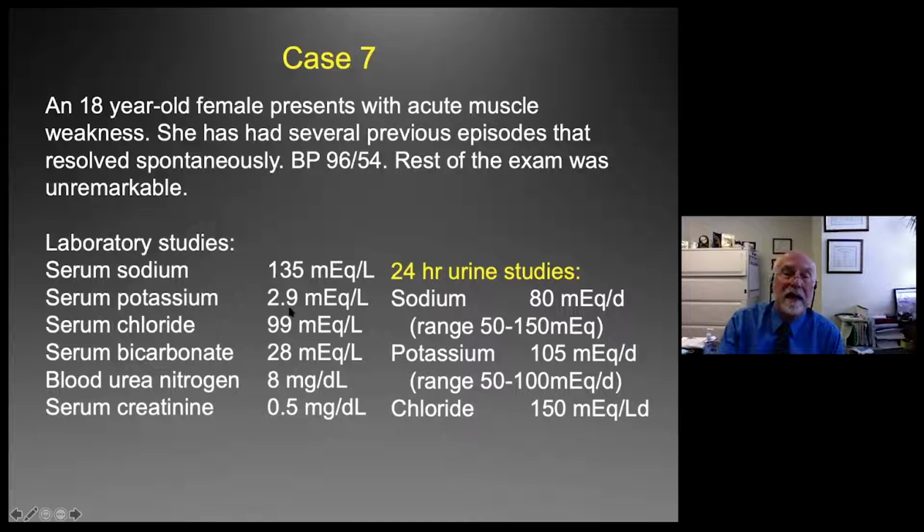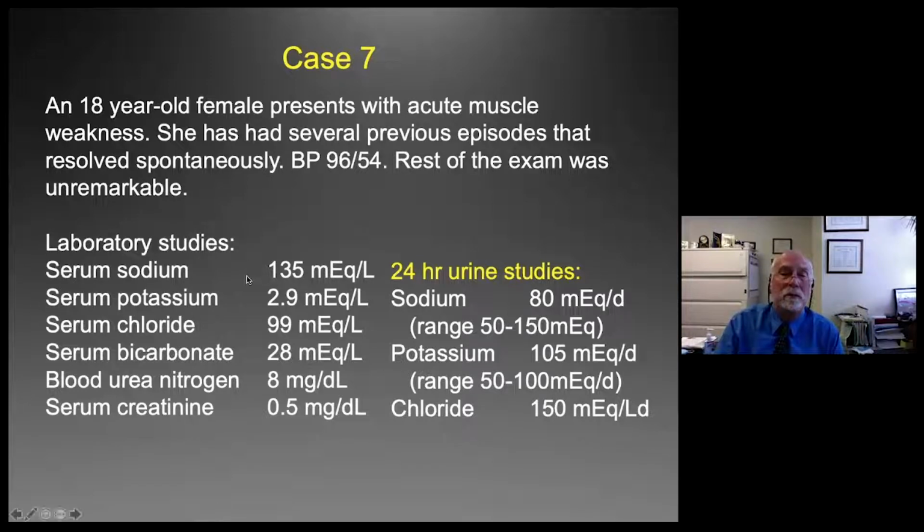Now, in the setting of hypokalemia, what should the kidneys do? The kidneys are remarkable in their ability to adapt to the circumstances that they're dealt. So if the blood is hypokalemic, then the kidneys are going to say, well, we really want to hold on to potassium.